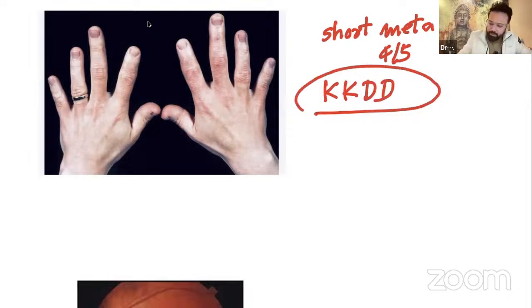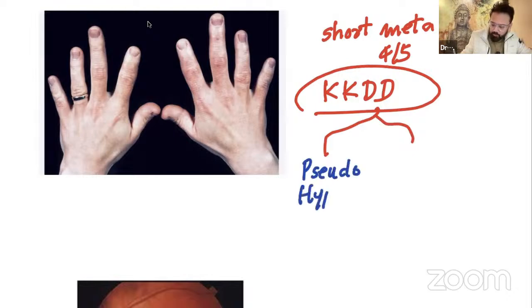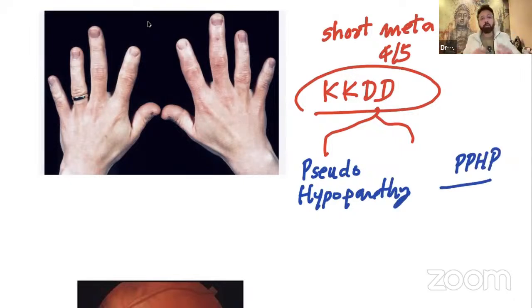It is very characteristic of pseudohypoparathyroidism, and pseudopseudohypoparathyroidism also shows it, and both are manifestations of the same disease called Albright hereditary osteodystrophy syndrome.